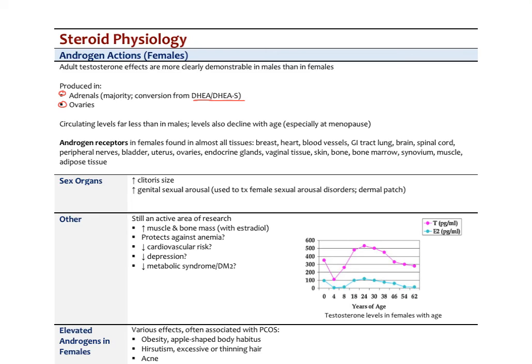The circulating levels are far less than in males, and the androgen levels also decline with age. But we have found androgen receptors in nearly all tissues in the female body. So we know that androgens are having an effect in females.